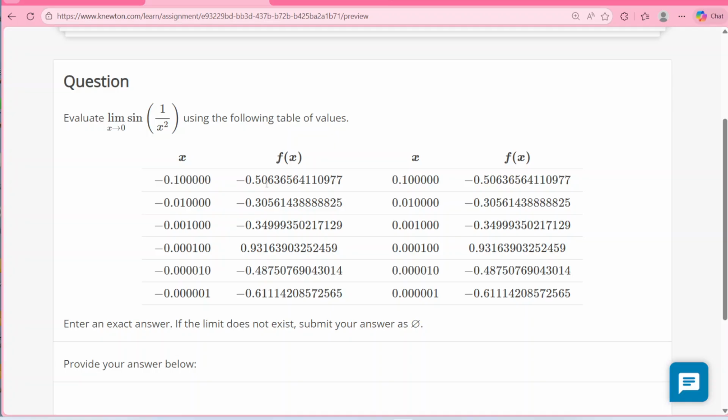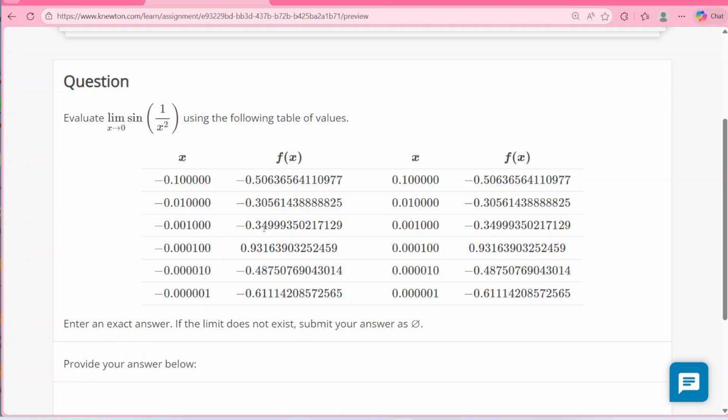And then you have your outputs, the value of f at x, and you get all these values here. Now, again, this is a little deceiving because these last two values are pretty much the same. But you see how the value is kind of fluctuating. It's -0.5 to -0.3, -0.35-ish, and then 0.9, and then -0.48, and then -0.6, right? So there's no real pattern here.